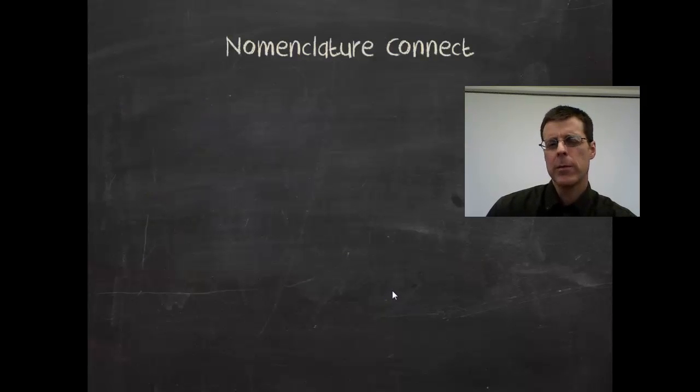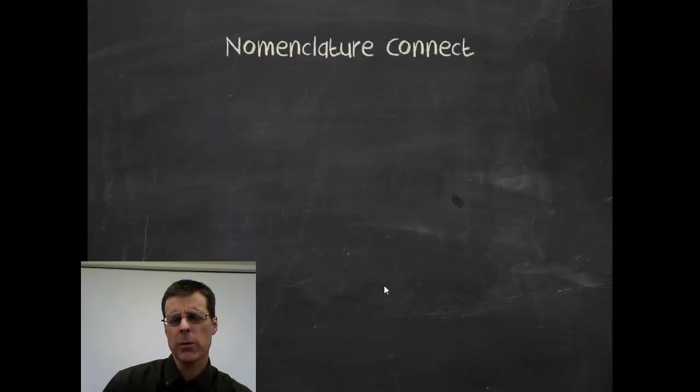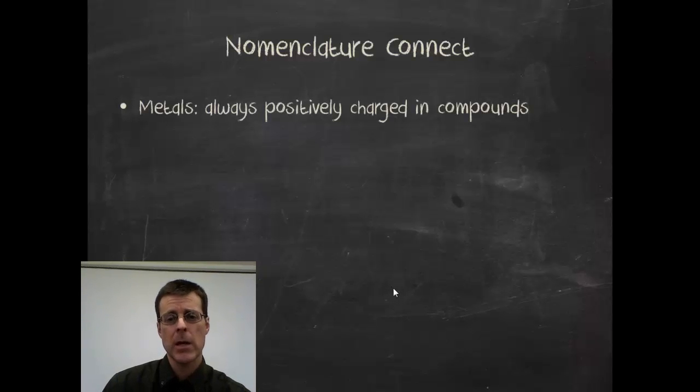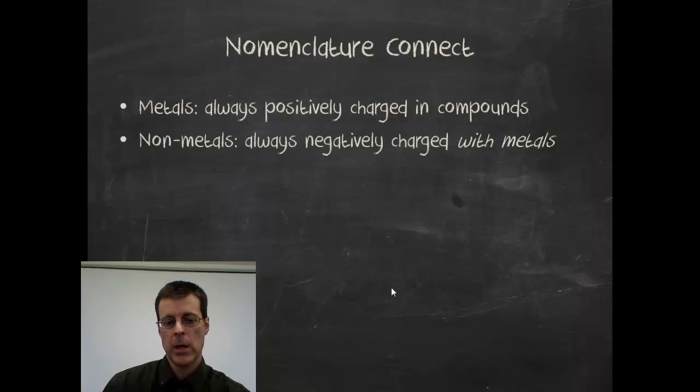If we think about nomenclature for a second, because we've dealt with nomenclature but not really in connection with bonding, but let's connect it. Metals, we said that they're always positively charged in compounds. And we said that nonmetals are always negatively charged with metals.